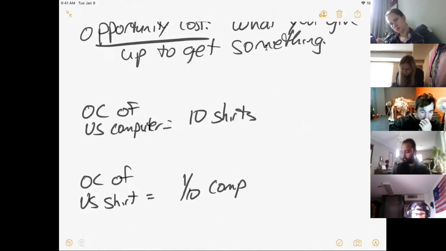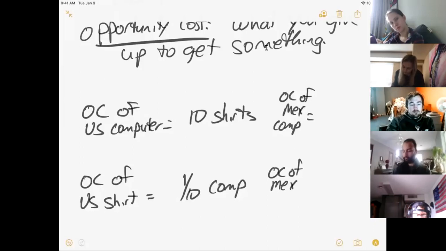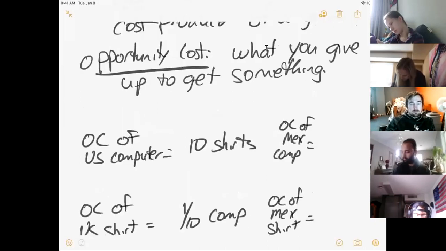How about for Mexico? What does Mexico give up to make a computer?